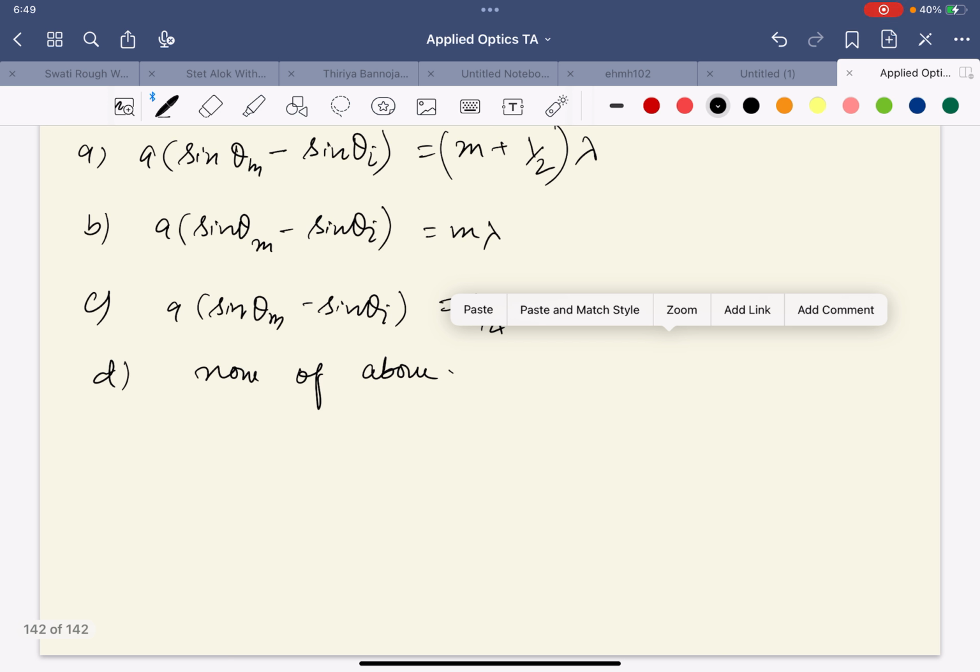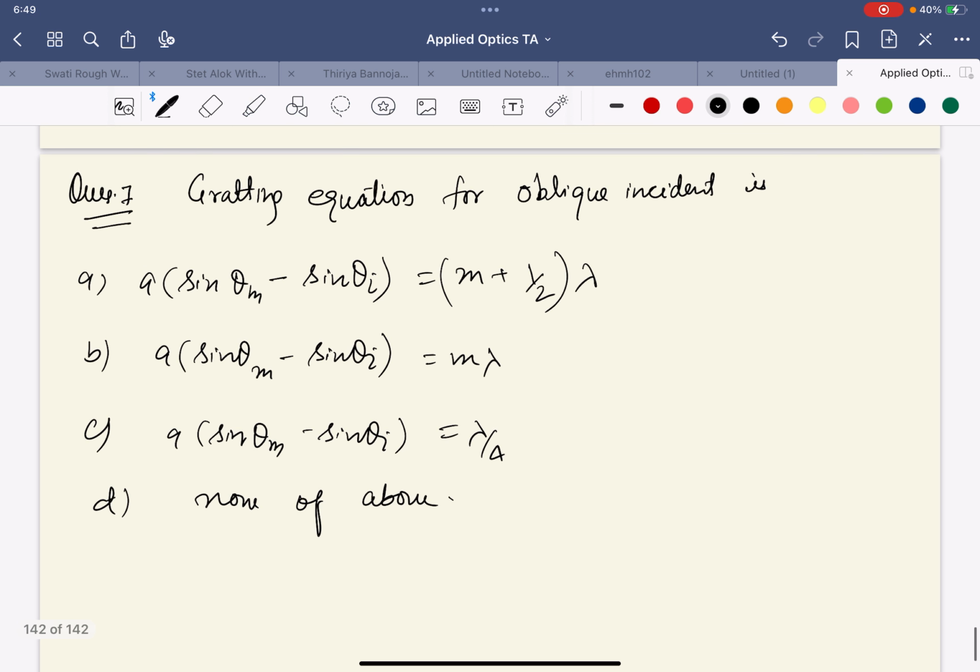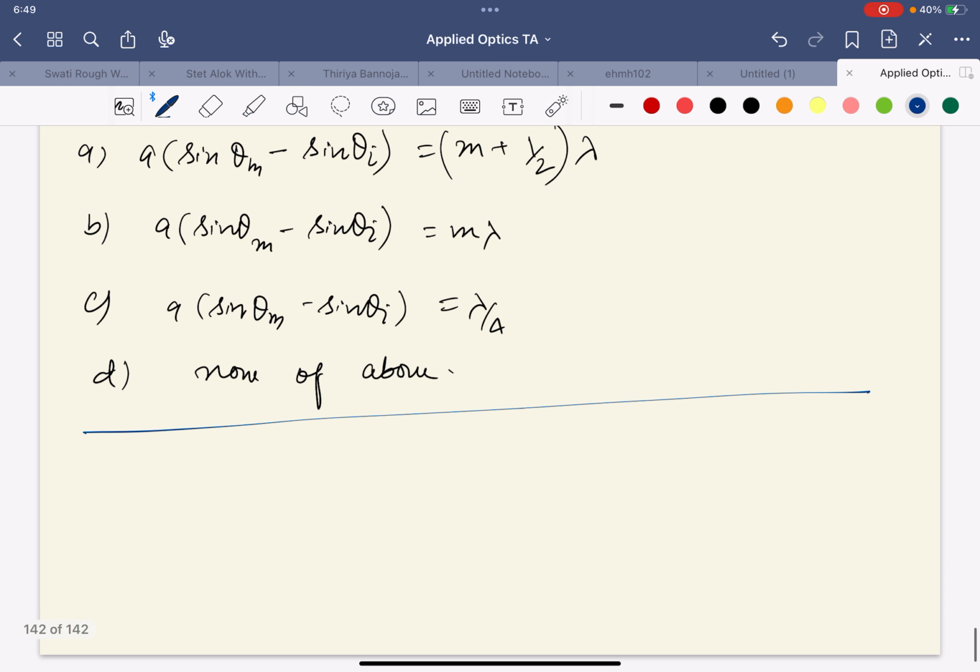So this grating equation of oblique incidence, how can you calculate? Let's discuss this. The grating equation of oblique incidence describes how light of a certain wavelength is diffracted when it hits a diffraction grating at an angle. It is a generalization of the normal incidence grating equation, taking into account both the angle of incidence and the angle of diffraction.